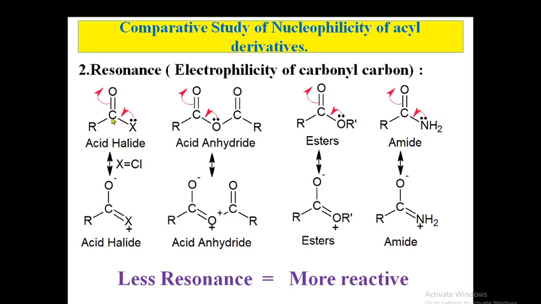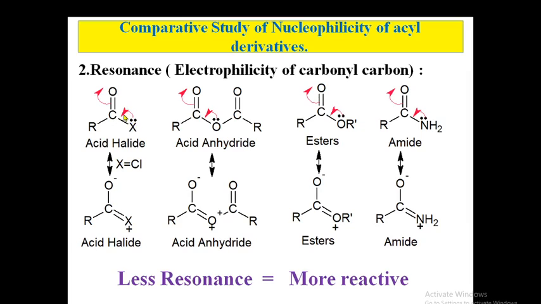So we have different energy levels: 2p for carbon, and for halogen it's 3p as chlorine is present. If you have bromine, it will be 4p. If you have iodine, it will be 5p, and therefore effective delocalization does not take place, or there is no effective resonance.